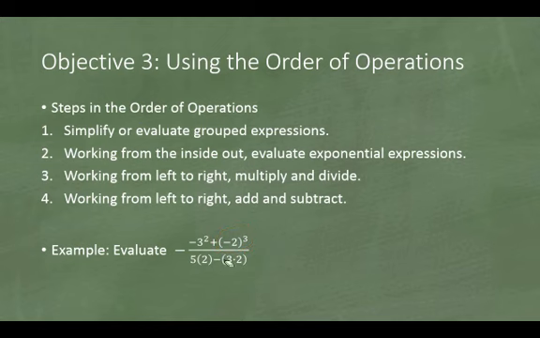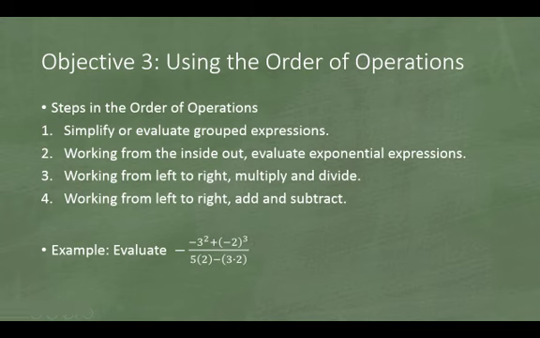Same thing with the 3 squared, or 3 times 2. It's grouped together by a parentheses, so you'll want to do that first. The numerator is grouped together in the top, and the denominator is grouped together in the bottom, so you'll want to do those separately. Always do things that are grouped first.